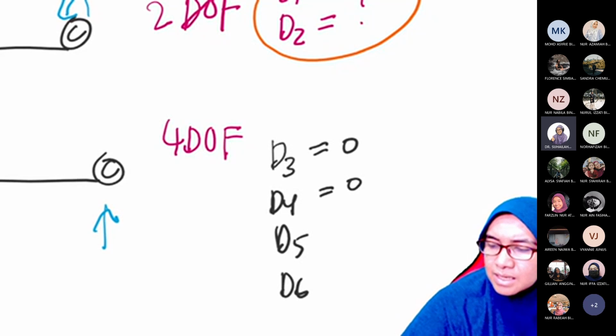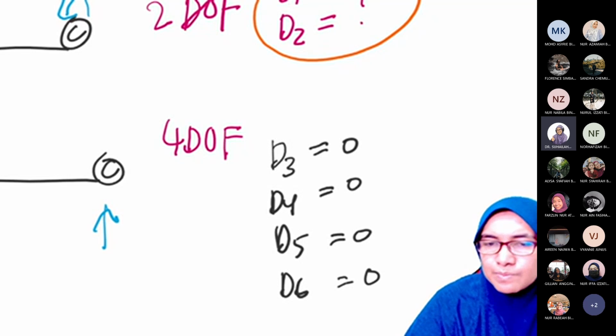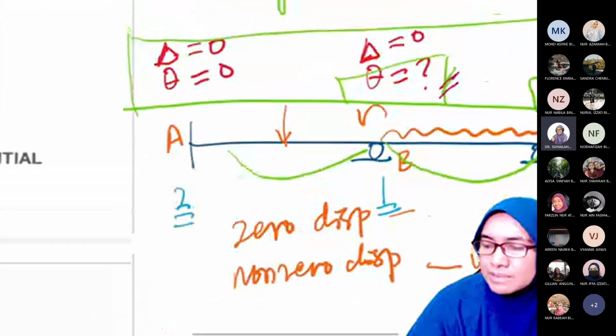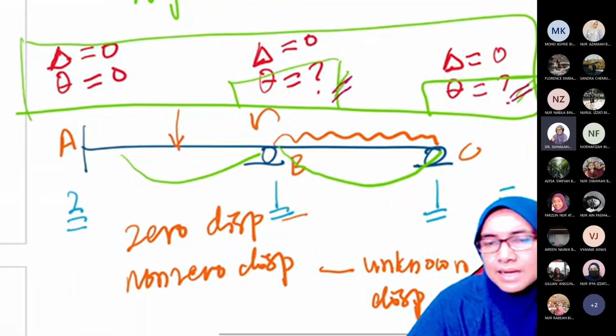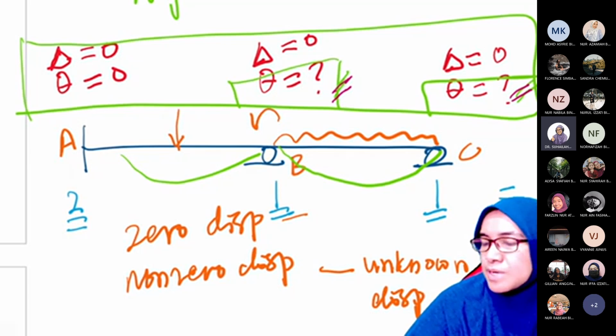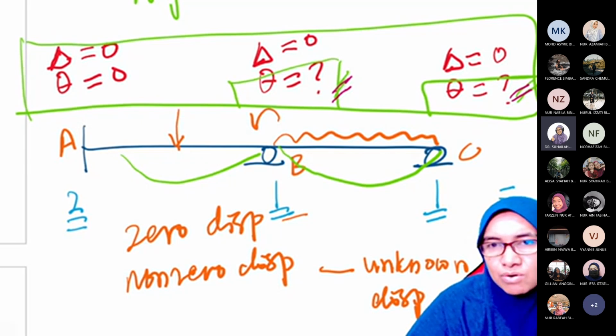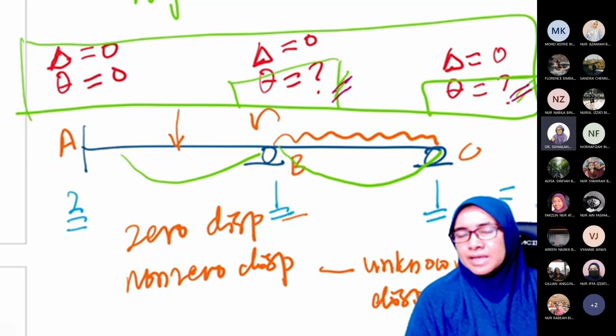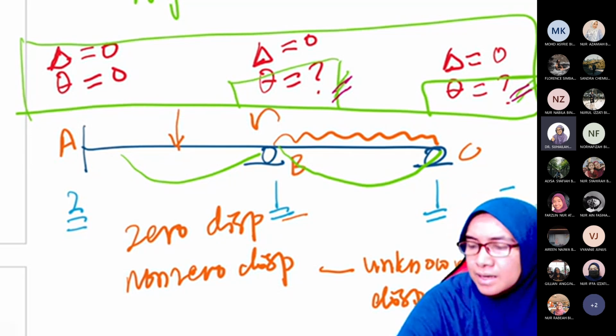This is 0 displacement, which in the earlier diagram we already labeled as 0 like this. So delta at A has 0 displacement, and theta at A as well. At B we have 0 displacement for delta, and at C we have 0 displacement for theta.